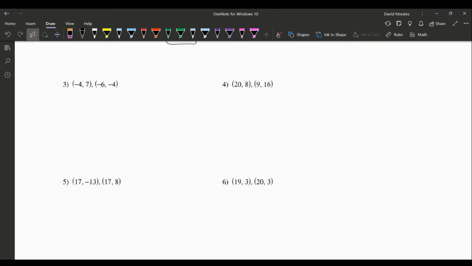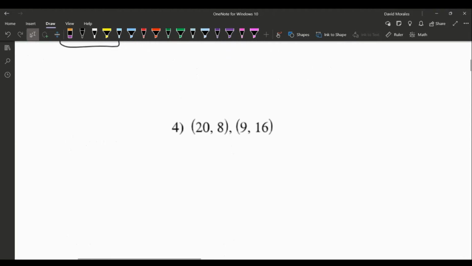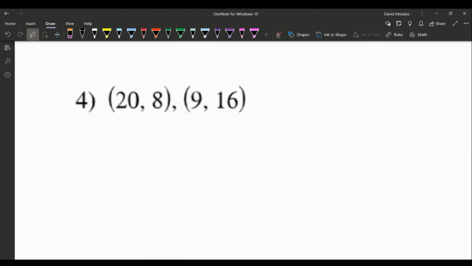Just probably a problem that's less complicated. So I'm going to do number 4. And on number 4, all my numbers are positive, so I'm not going to have any issues with negative numbers here. So I'm going to label these numbers. And when I label them, now I'm going to write my formula.